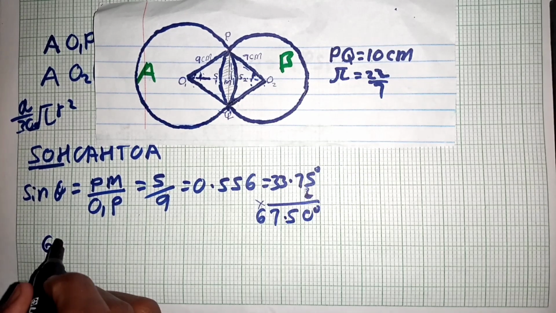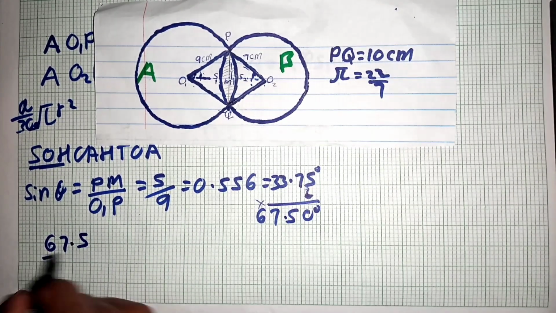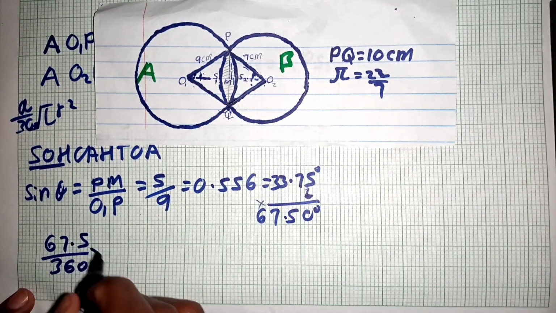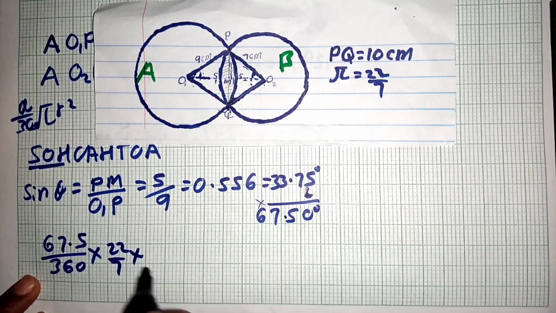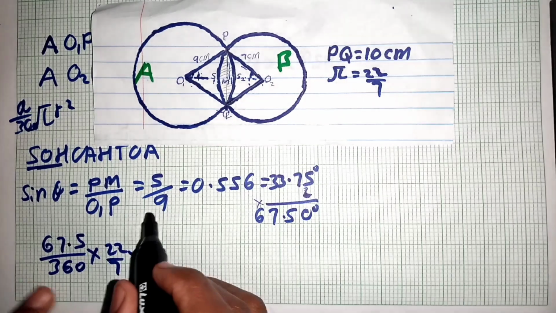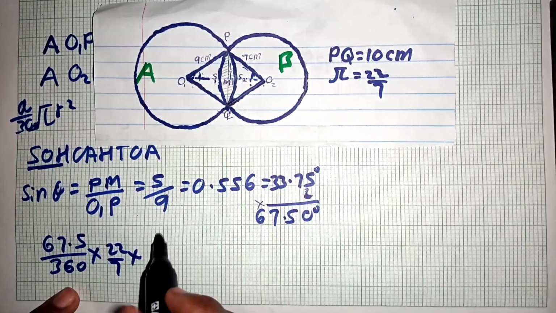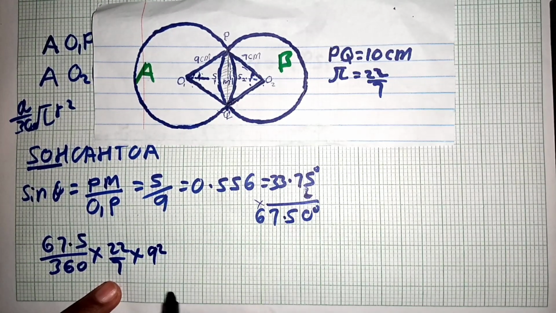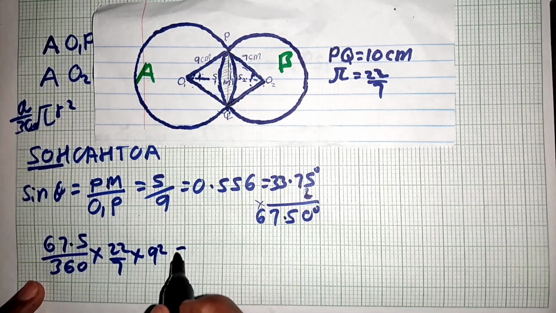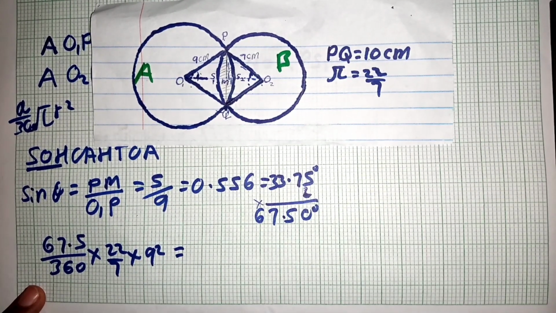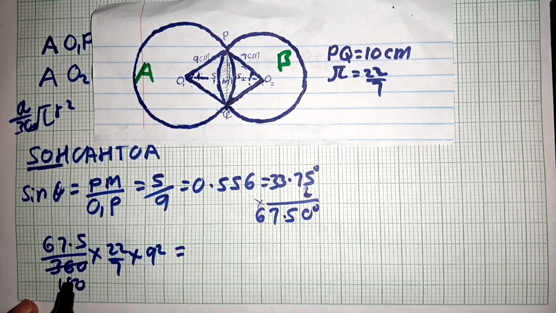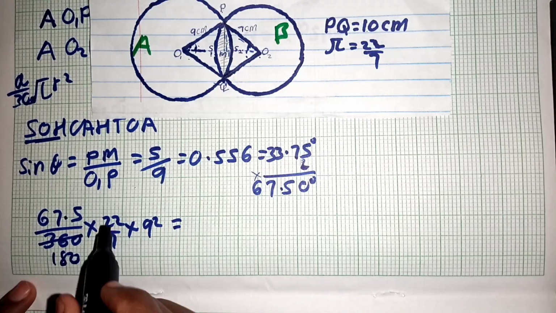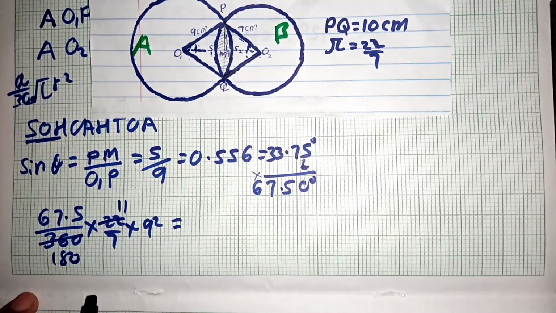So 67.5 divided by 360 times 22 over 7 times r times r, that is 9 times 9, 9 squared. This one can be divided by 2, you get 180. This one by 2, 11.